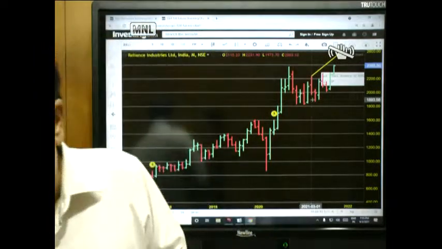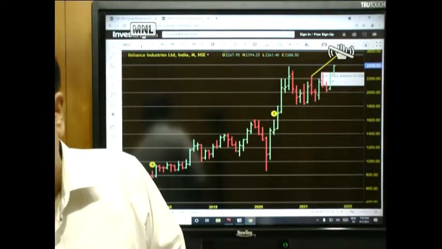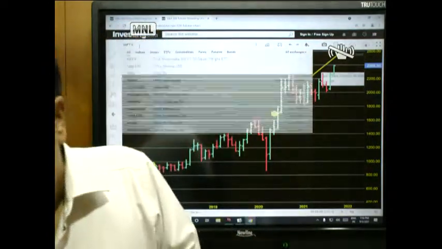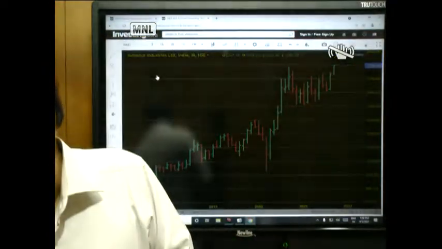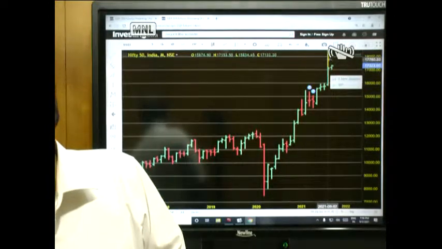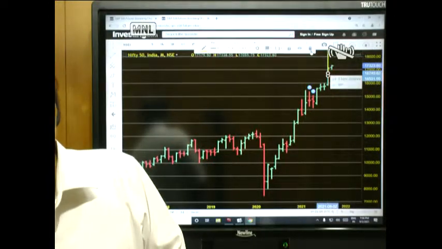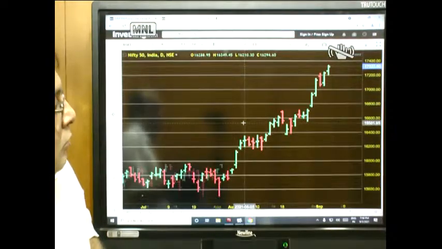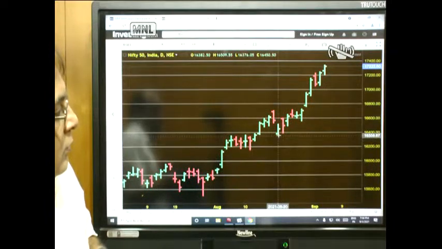Now Nifty, we'll go to Nifty. We'll go to the daily chart. Okay, now this low, this is the low, right?